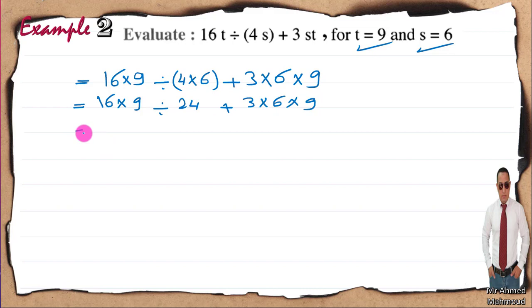Now I have times, divide, plus, times. So I'm going to start with the times on the left. So I will start with 16 times 9. 16 times 9 equals 144, and then divided by 24 plus 3 times 6 times 9.